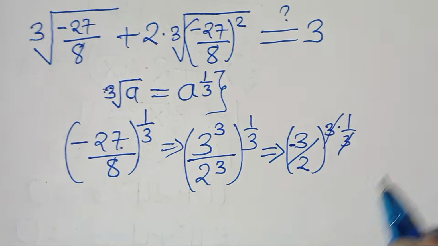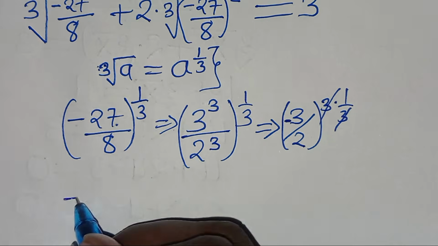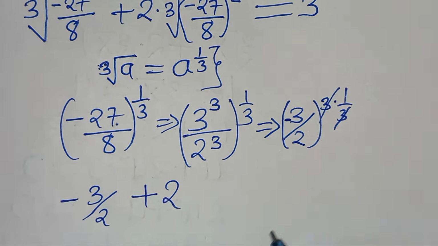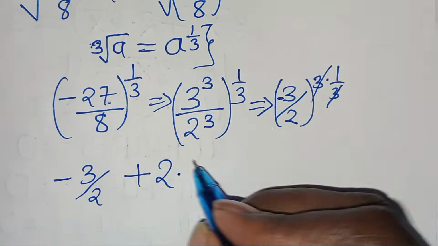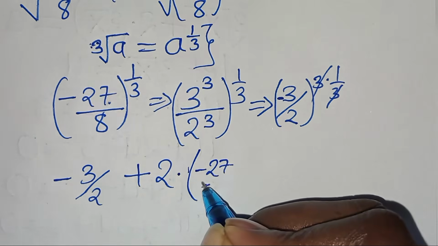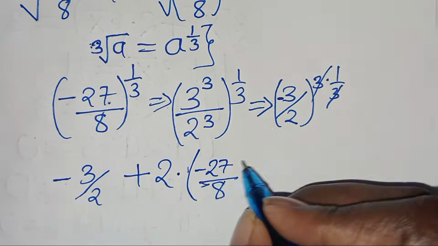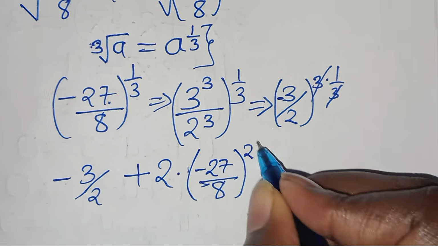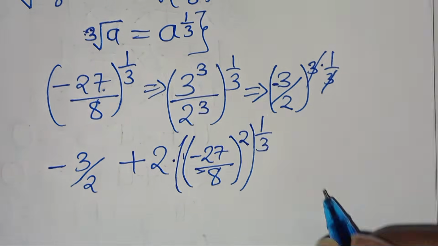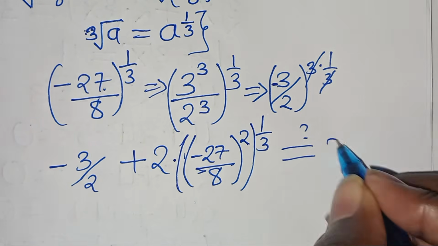So if you simplify here, basically we have minus 3 over 2, then plus 2, multiplying by, now here we have minus 27 over 8 raised to the power of 2, again raised to the power of 1 over 3. This should give us a value of 3.